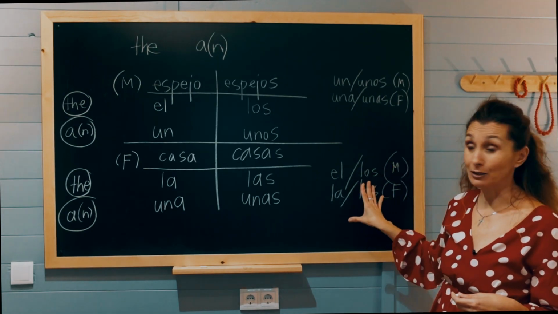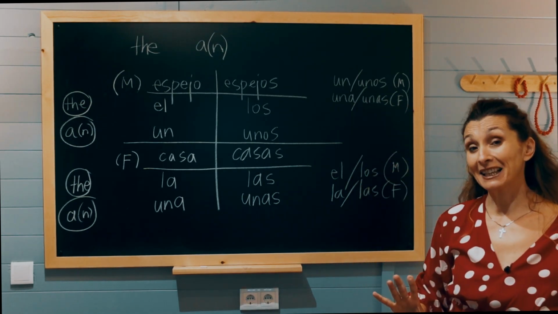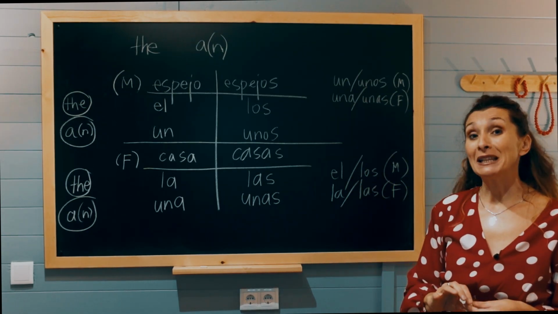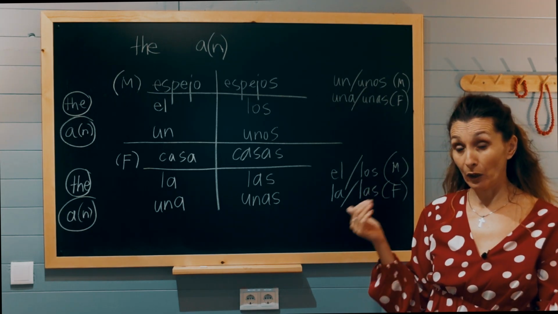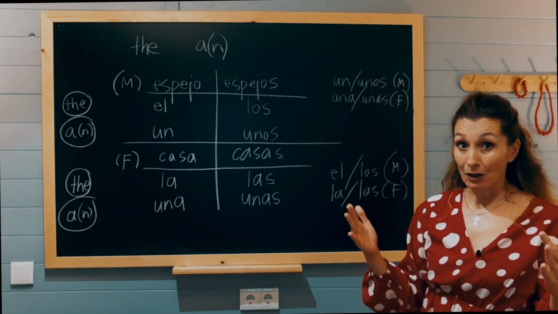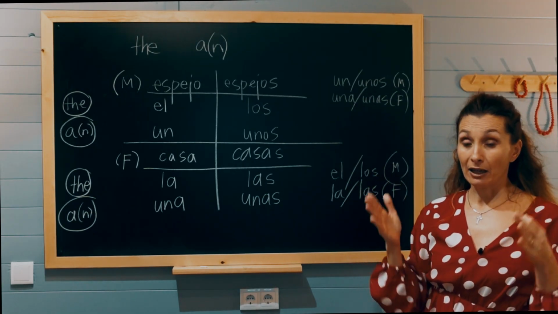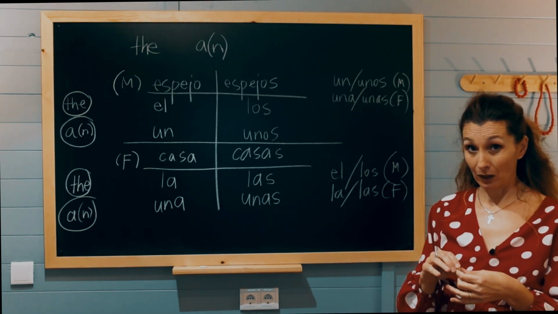And speaking of articles and speaking of nouns, I've said it before, I'm going to say it again now, and I'm sure I'm going to repeat it again in the future. When you learn a new noun, not any new word, a noun, always make a point of learning the gender as well, okay?